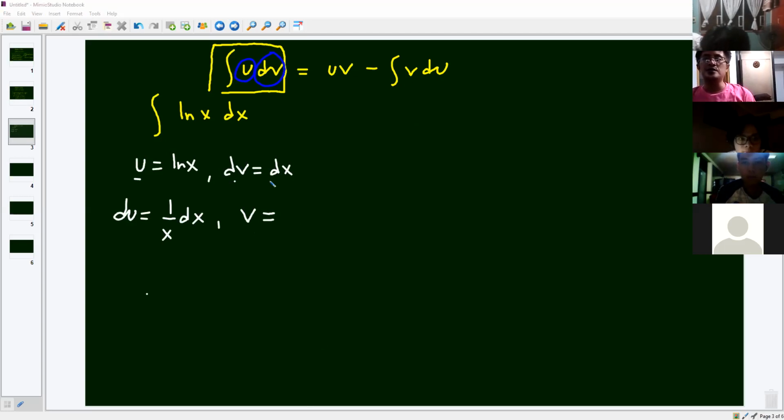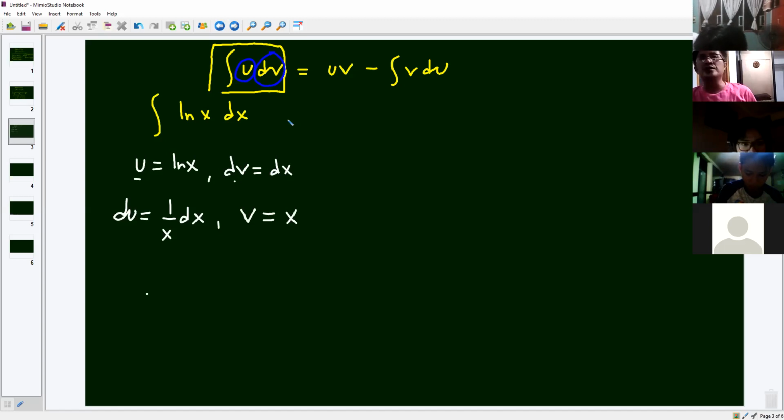Integrate both sides. The integral of dv is v. What is the integral of dx? x. Okay. The plus c comes later. Let's just add the constant of integration at the end when we're done.